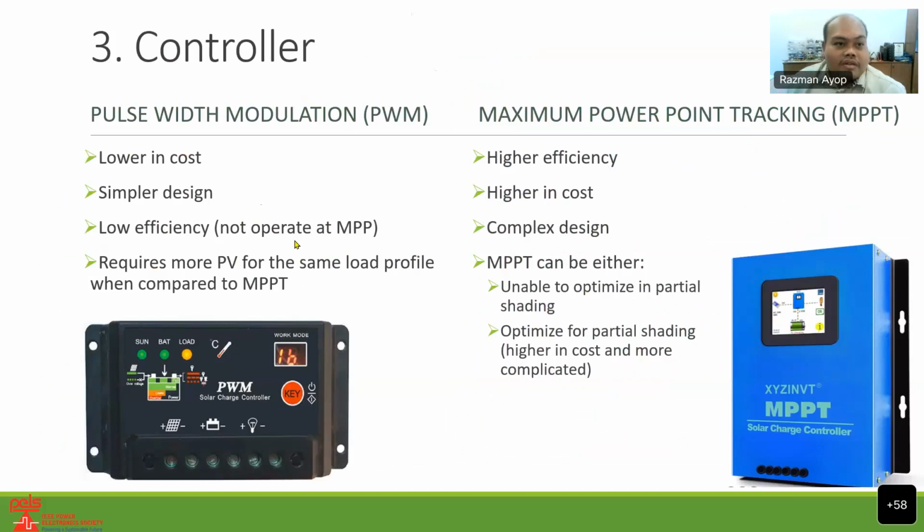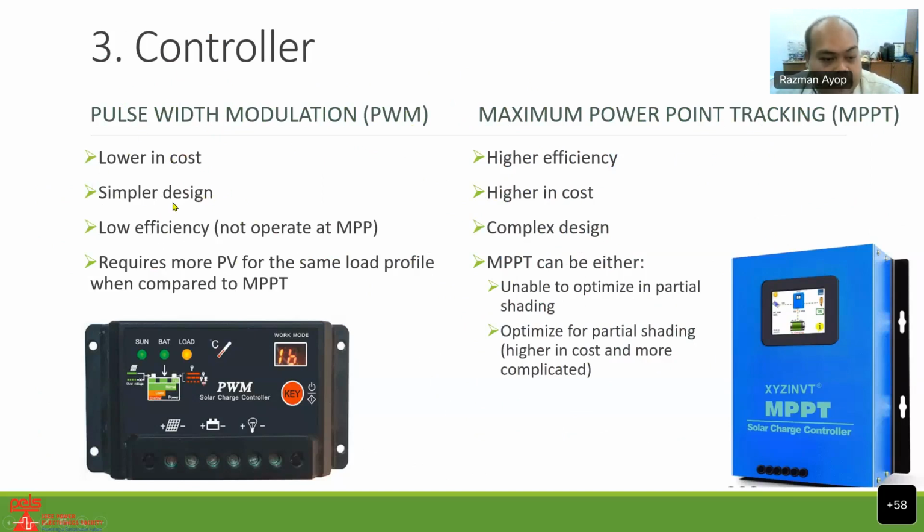Okay, so we continue with the third consideration, which is the controller. When you want to buy the controller for the PV system, they usually show two types, either PWM or MPPT. Pulse width modulation, or PWM, usually costs lower and has a simpler design.